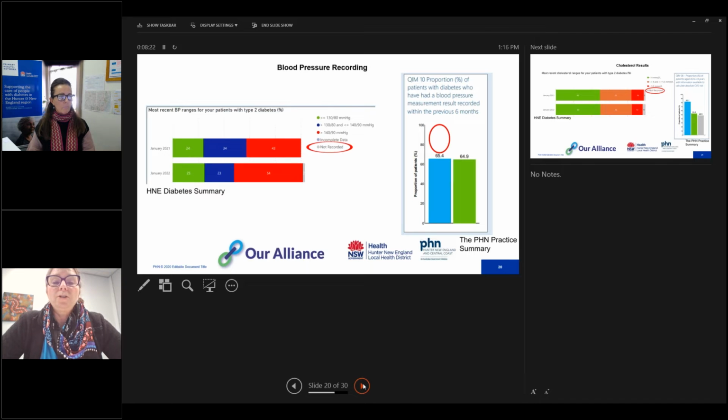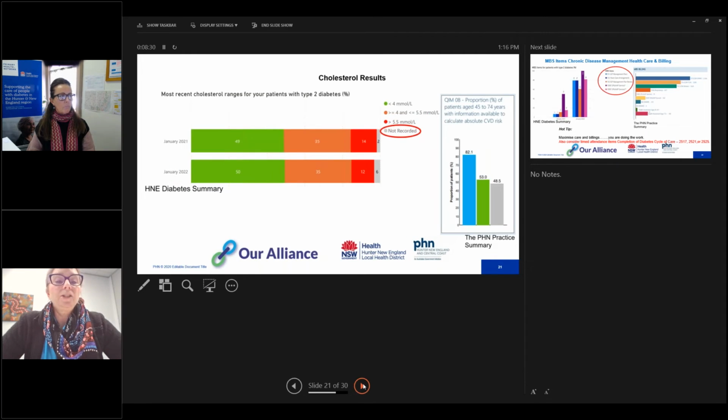And also across Australia, you can see that there's still 30% missing. And cholesterol as well with the vascular disease, important to get that cholesterol result in the record. And that's helpful also for cardiovascular risk assessment as one of the required items to have recorded.